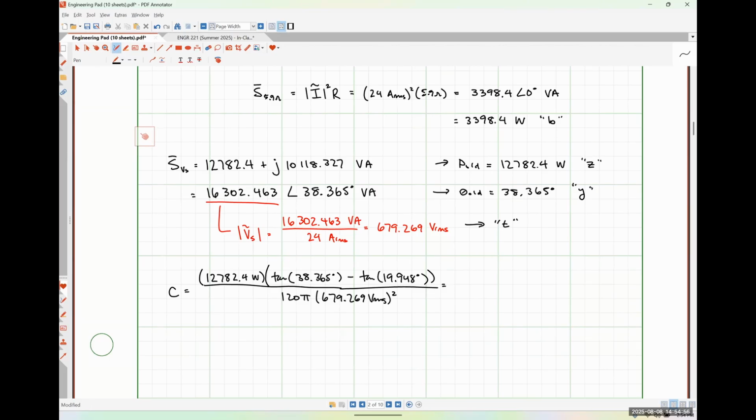Actually, that should be tangent Y minus tangent X. I think that's just going to change the sign, but I want to make sure.